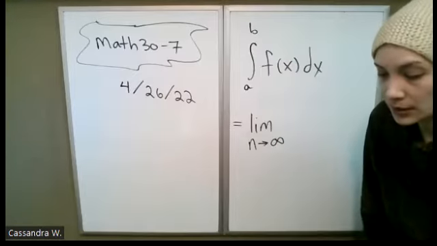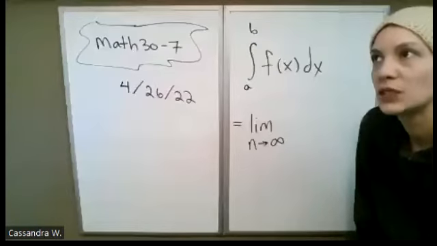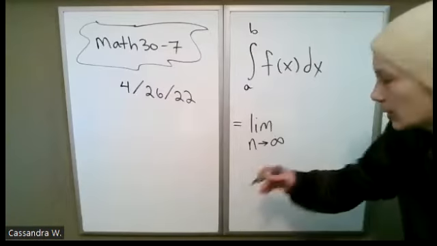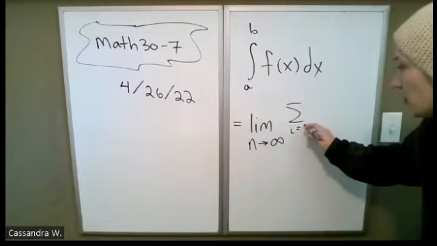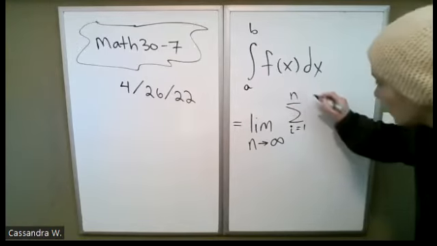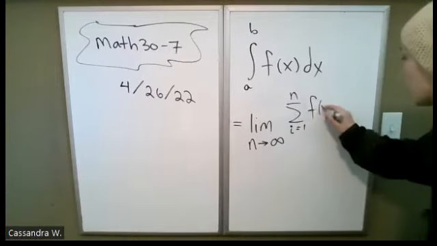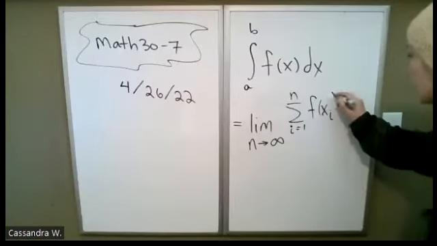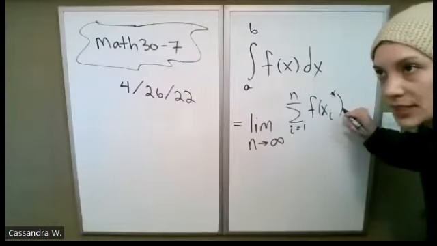We're going to go with the general form. You have your sum from i equals 1 to n of f of x sub i star times delta x.